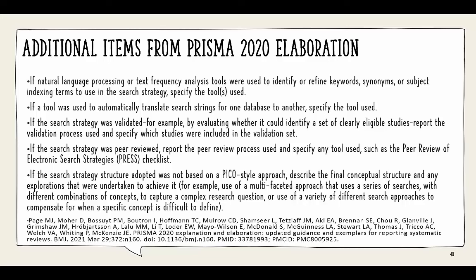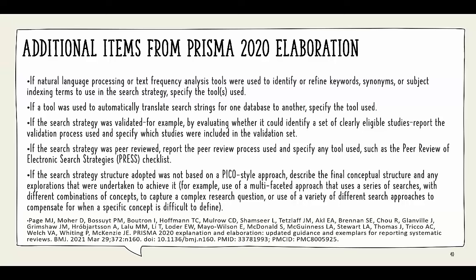I do also want to highlight a little bit about the search that you would see in the PRISMA 2020 elaboration document, which I've also cited here. So the elaboration documents are basically the articles that PRISMA puts out that go through each of their items and give a lot more detail. And so you see that for PRISMA 2020, items 6 and 7 are around the search report.